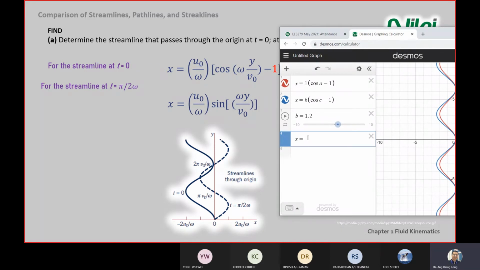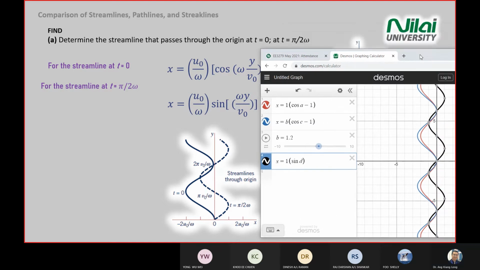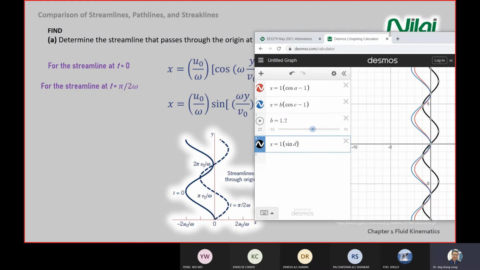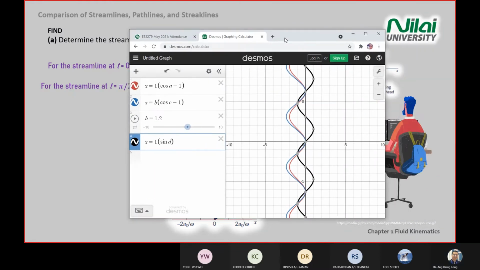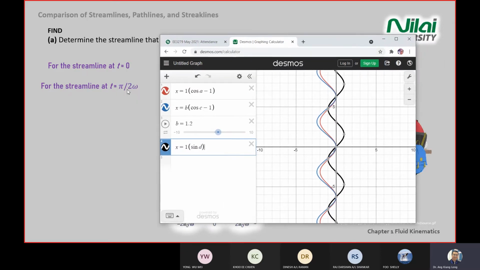I type in x equal, and maybe I just assume like the first one, 1 sine, and then I put in a random number d. It will give me, okay, this equation is equal to this equation. So you can see that my black line is shown as your second equation when the time equals pi over 2 omega.